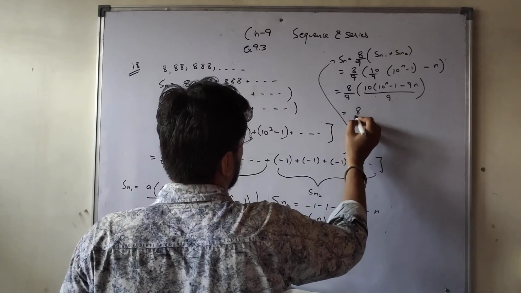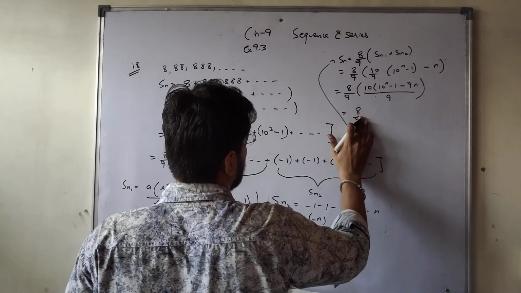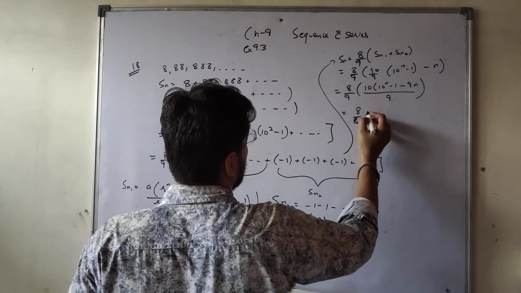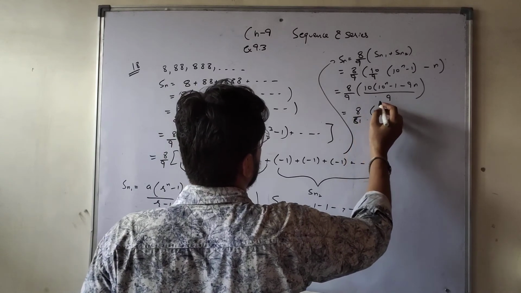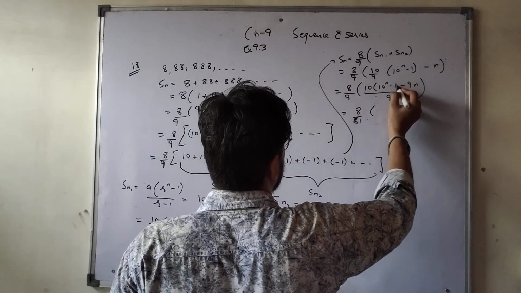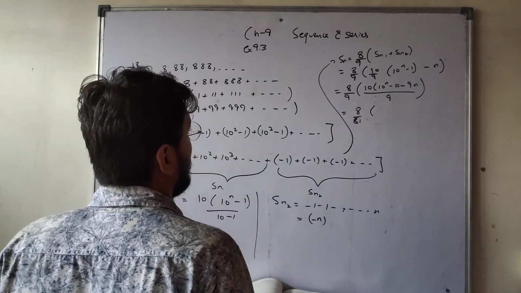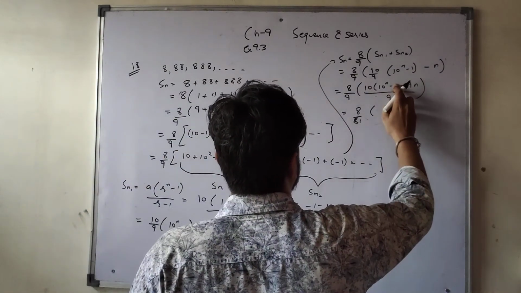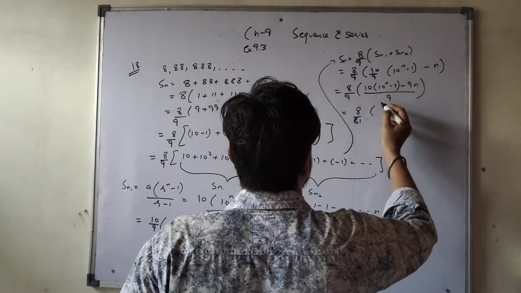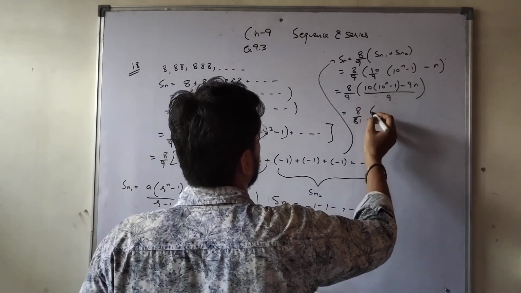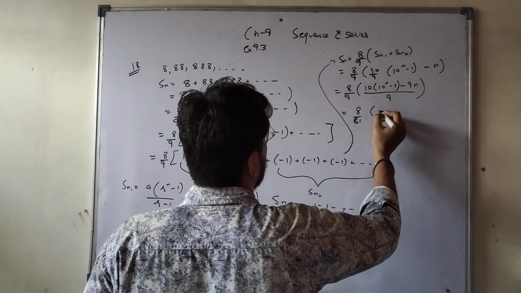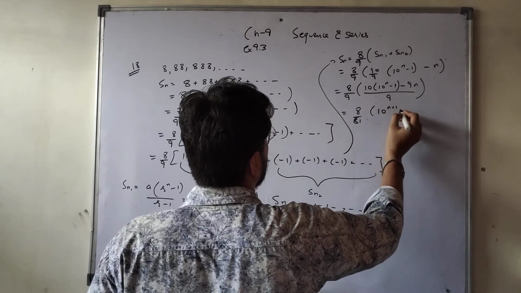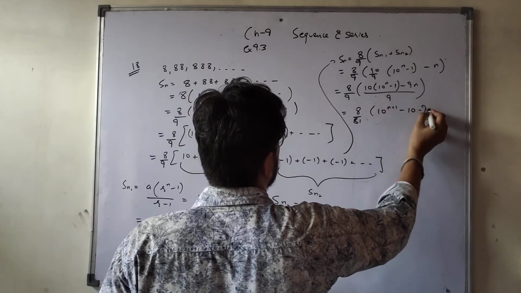So 8 upon 9 multiplied by 9 is 81. Okay, so this will be 10, sorry, this will be 1. So this will become 8 upon 81, 10 raised to the power n plus 1 minus 10 minus 9n.